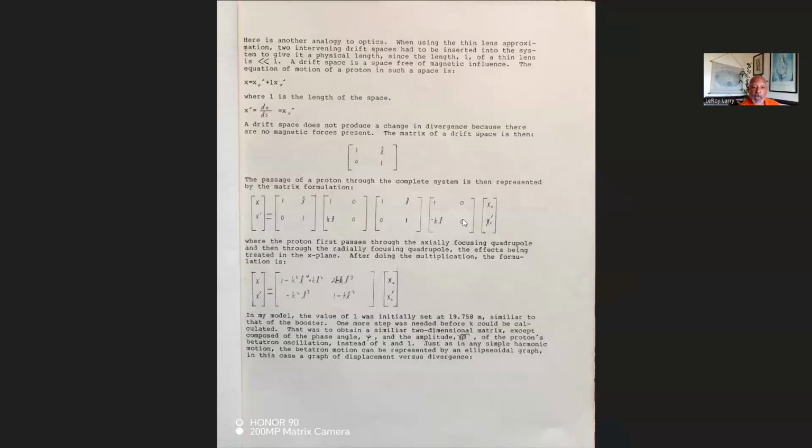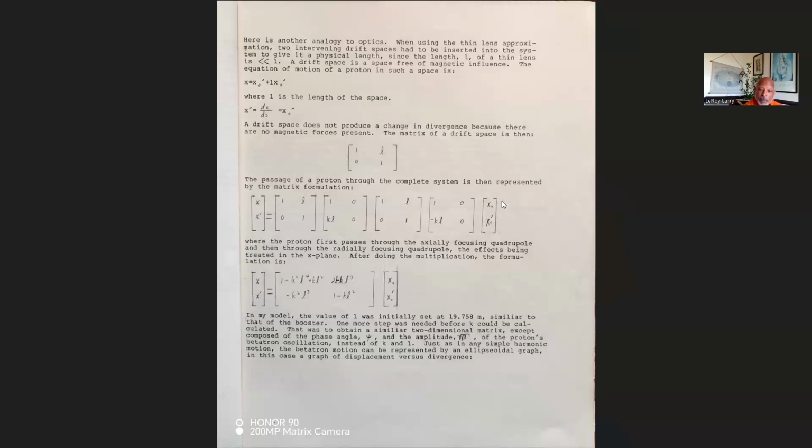And then when the proton goes through this quadrupole magnet, mathematically represented here by thin lens approximation, it comes out with new coordinates, a new x coordinate. Its horizontal or radial displacement with respect to that central z-axis trajectory, and how much that radial or horizontal position is changing with respect to how far the proton is going down that central z trajectory.